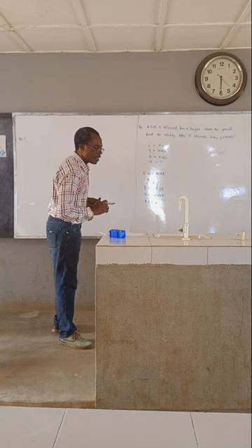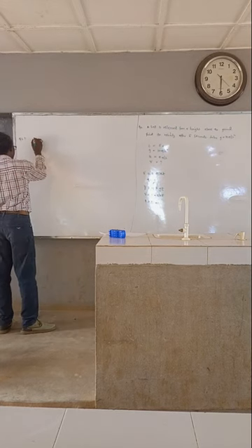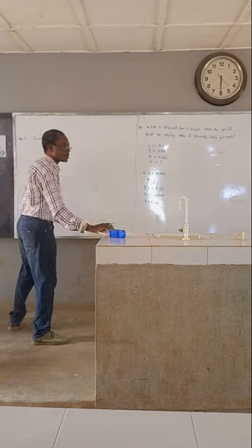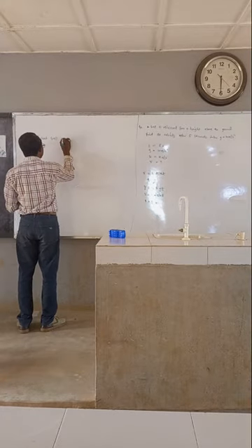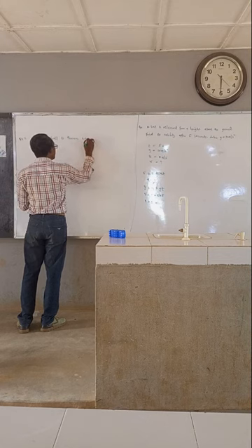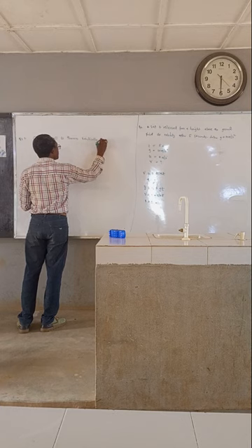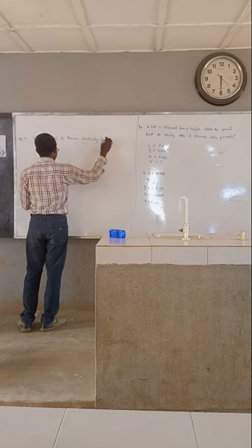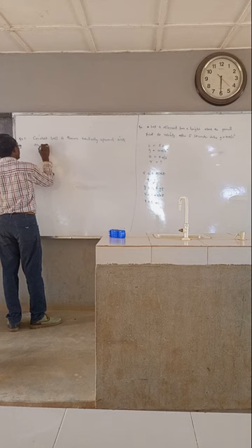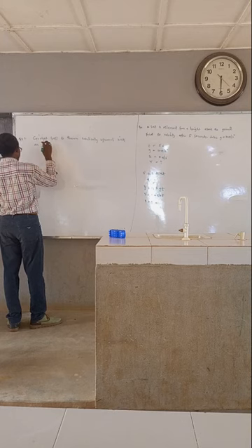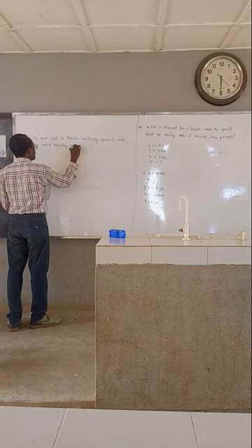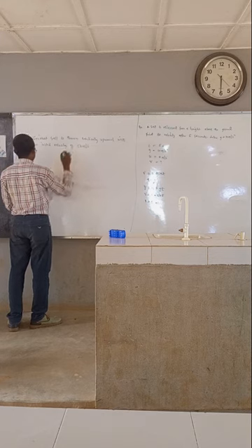The question says, a cricket ball is thrown vertically upward with an initial velocity of 50 meters per second.